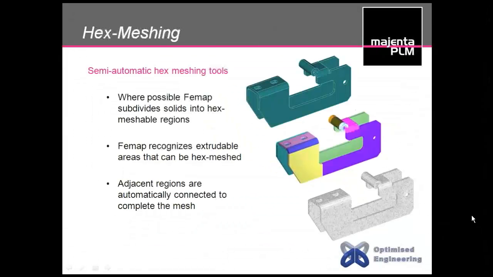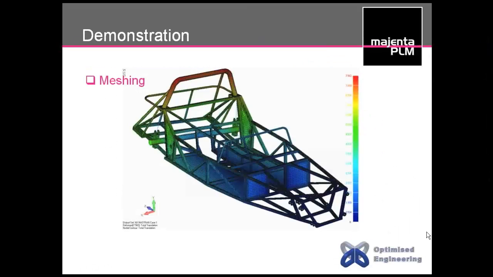Also, when we're dealing with 3D structured meshes, then Femap can automatically recognize extrudable areas that can be hex meshed. And then it automatically links the adjacent regions together by merging nodes. So I'm going to hand back to Darren now, and he's going to carry on with some further demonstration.